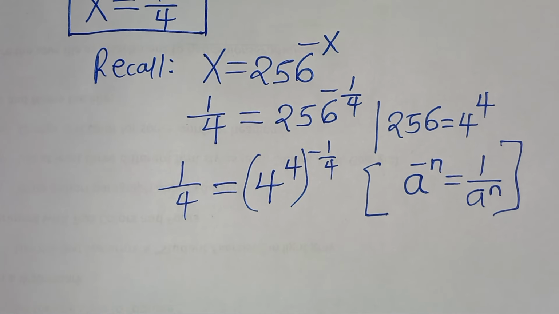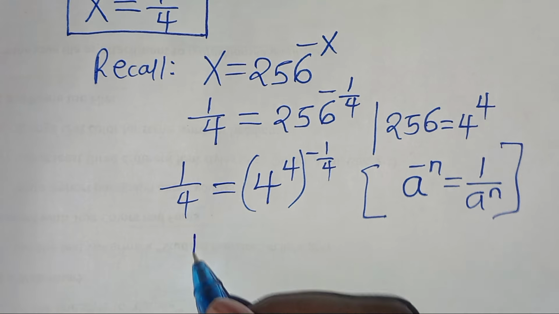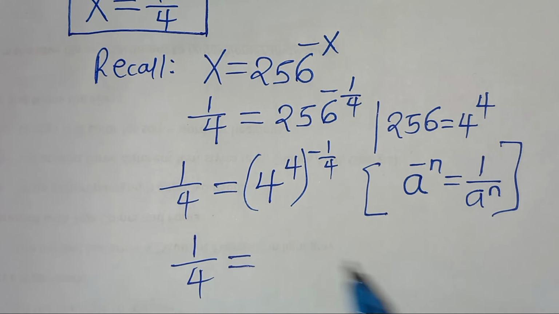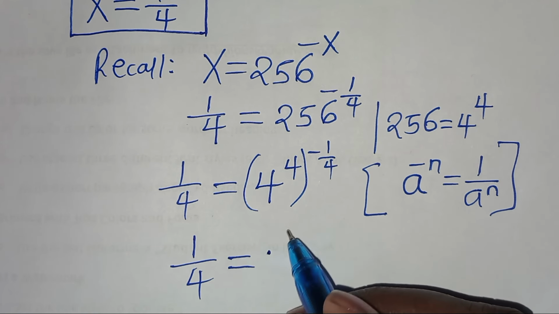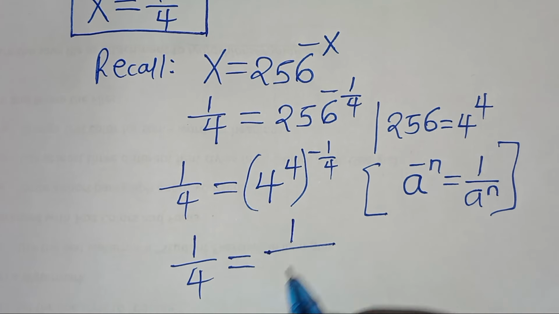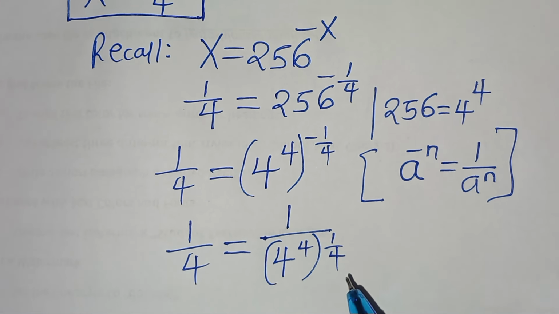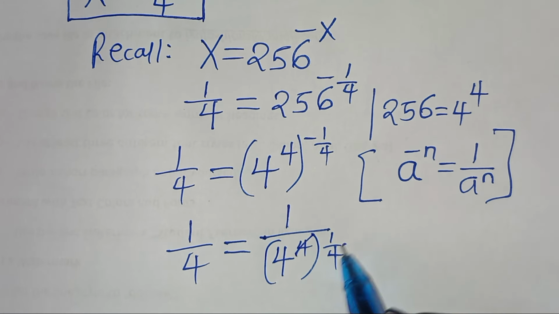Let's apply this property from here, so that now we have 1 over 4 is equal to 1 over 4 to the power of 4, then raised to the power of 1 over 4. So that now we can simplify 4 and 1 over 4.